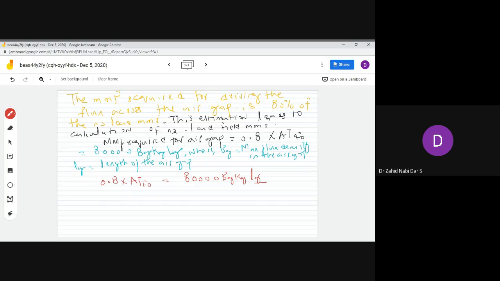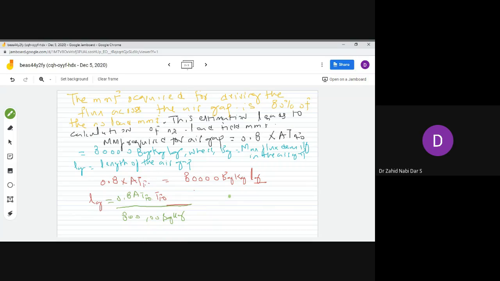So Lg would be equal to 0.8 AT full load divided by 80,000 Bg Kg.